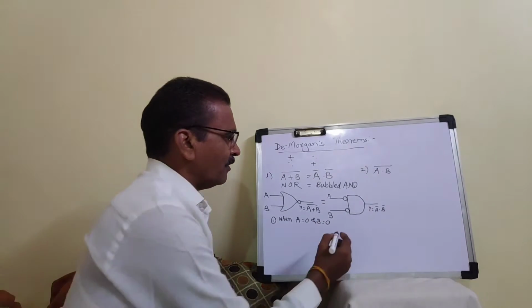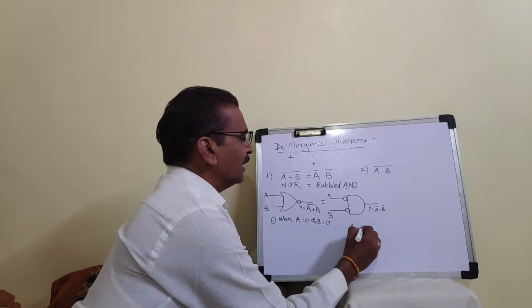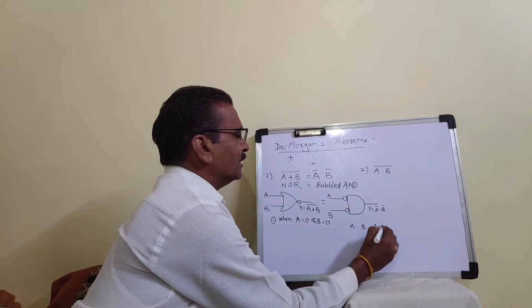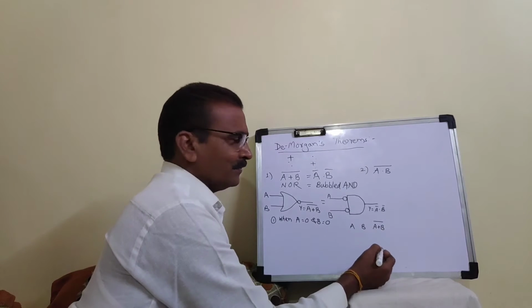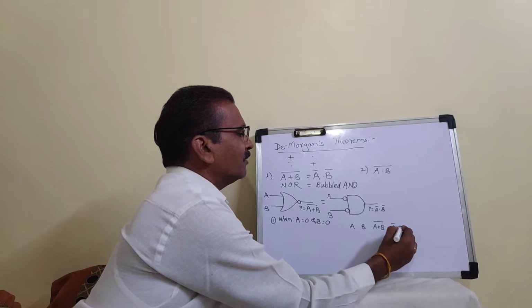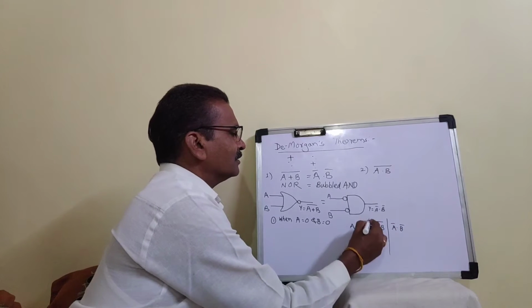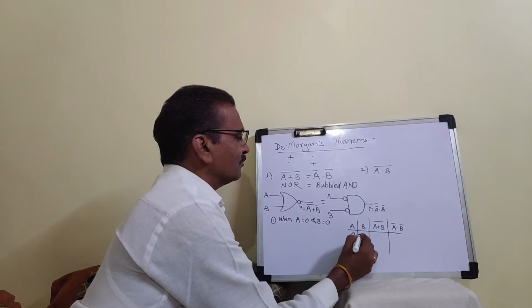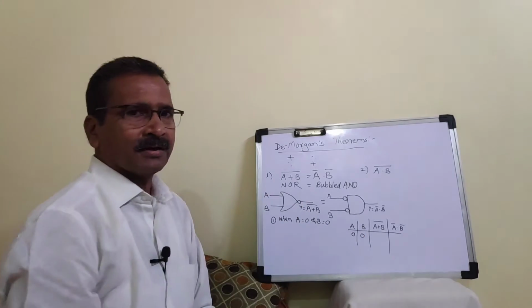So we have formed here the truth table: inputs A, B, left hand side A plus B whole complement, and right hand side will be A complement dot B complement. This is our truth table. Here first condition will be 0 0, which we have to put here.